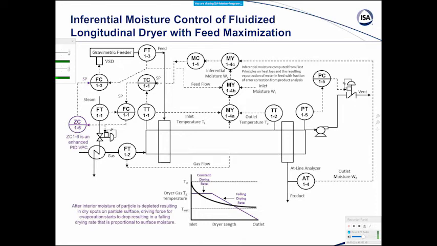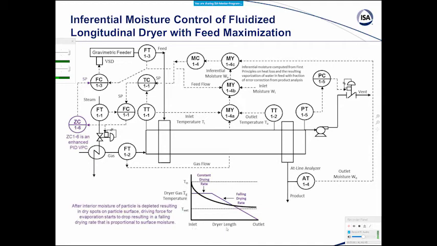So after the interior moisture of the particle is depleted, it results in dry spots on the particle surface. The driving force for evaporation starts to drop, resulting in a falling drying rate that is proportional to surface moisture. And this is a key thing for batch operation.